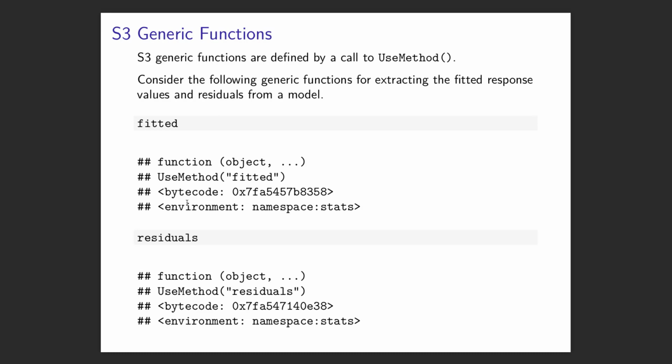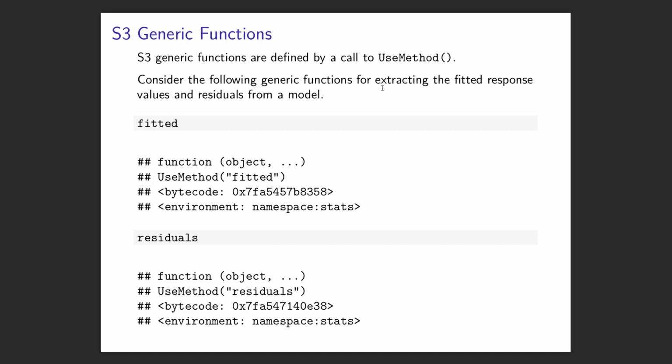All right, so how can we actually define methods for these S3 classes? So first we need to define some sort of S3 generic functions. So for example, like plot. Here I'm going to take a look at some S3 generic functions that already exist.